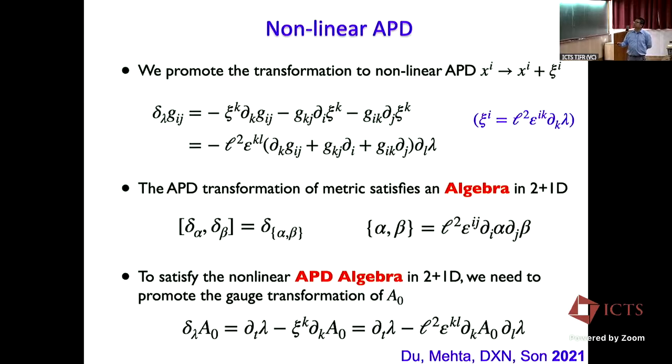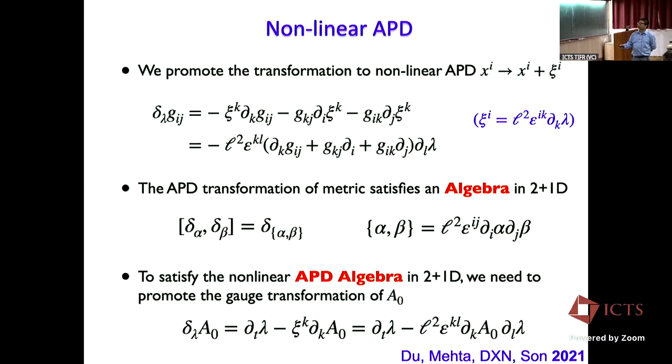So you can do this transformation twice and take the commutator and see that we have the algebra. That means alpha and beta here are generator functions of the diffeomorphism parameter.